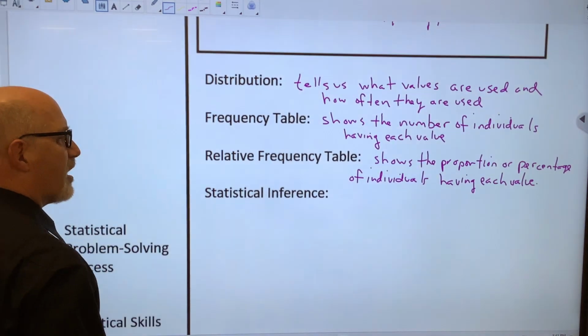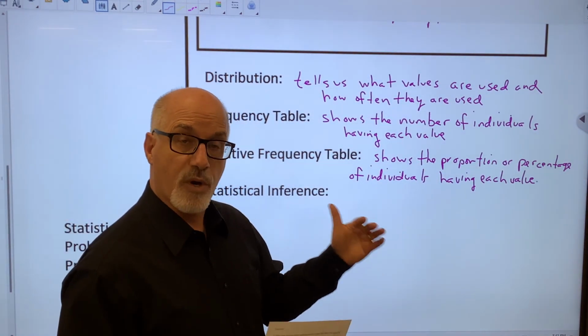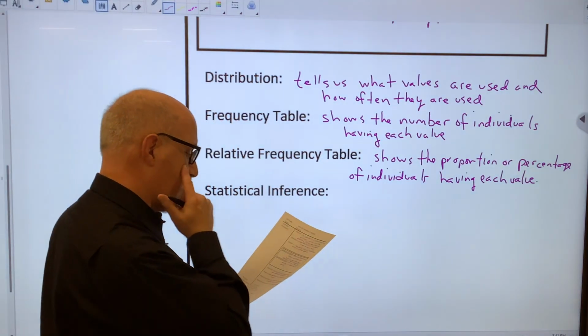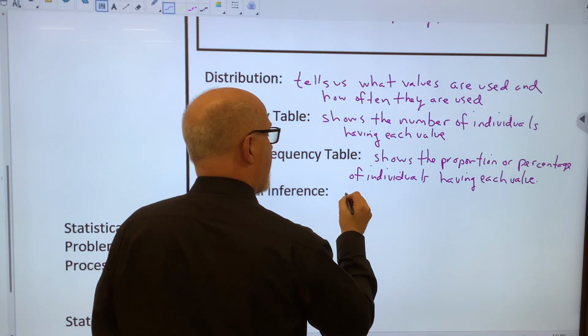All right, now we talk about statistical inference. We'll get to the point where we will start drawing some conclusions. So a statistical inference is drawing conclusions beyond the data.